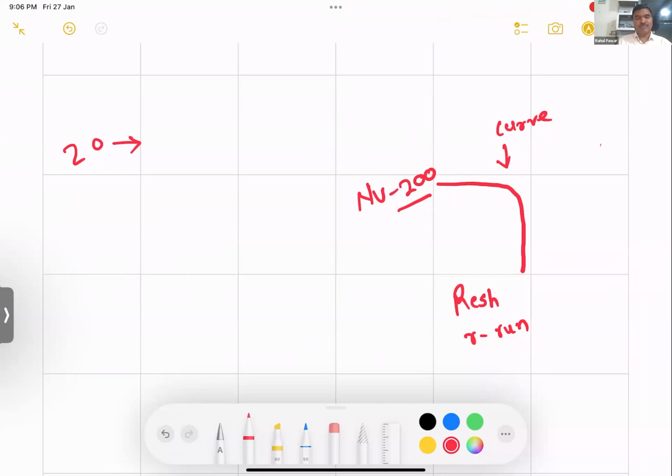In the next chapter we are going to study that, but Resh is also called a guttural letter. The meaning is head, and it gives the R sound.